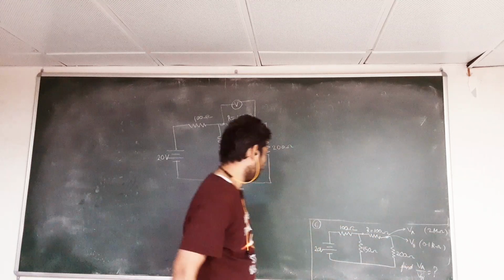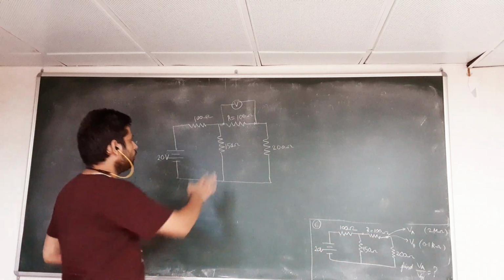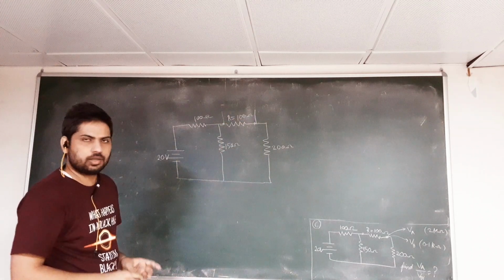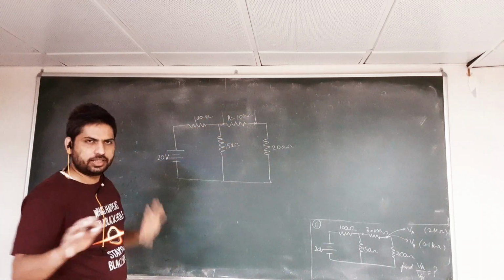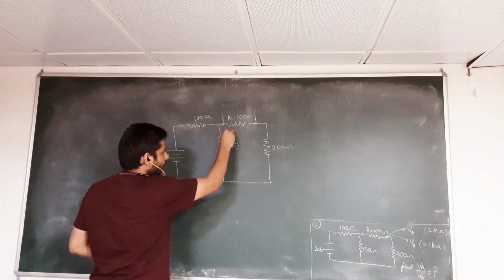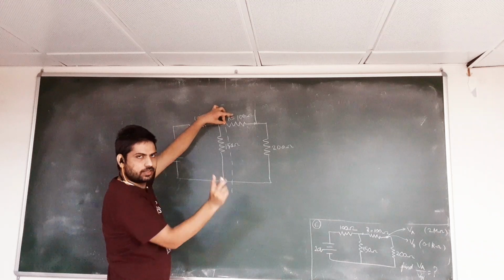This is the question. So how can we solve this question? It is very difficult if we just put this one voltmeter here and analyze the circuit. It will be a little difficult. What we can do, we can take a Thevenin equivalent circuit across these 2 points. It is very easy.